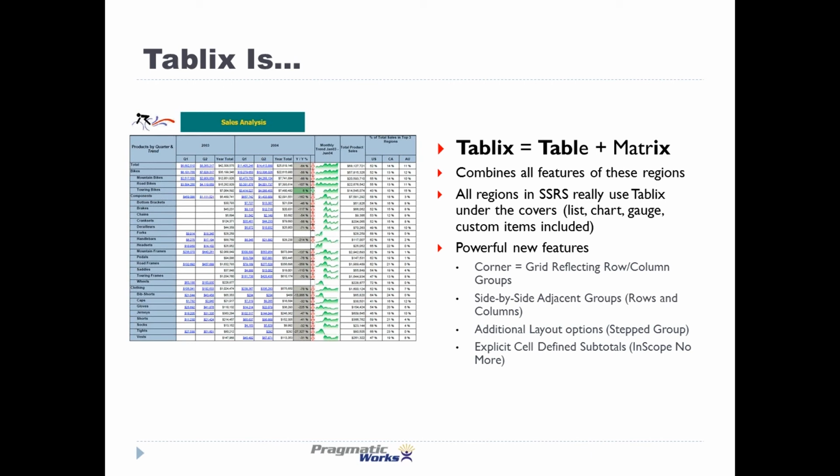And we have additional row layout options that were not available to us without some degree of trickery, most notably a stepped group, or AKA, in my terminology, an outline-esque type layout, and explicit defined subtotals. This was a lifesaver for many things that we were trying to accomplish with Reporting Services.